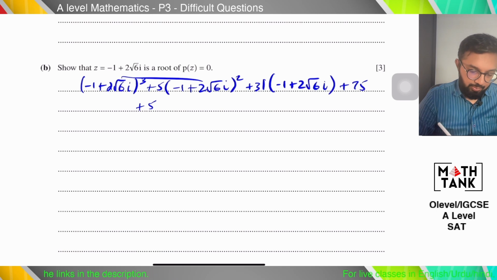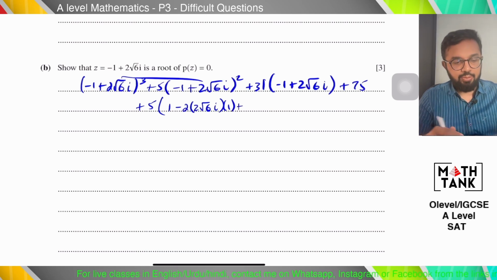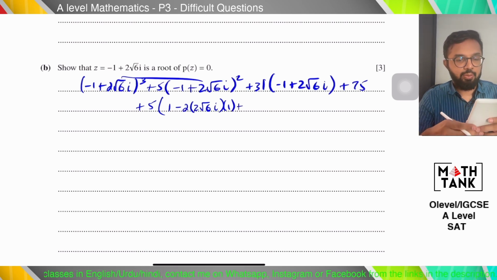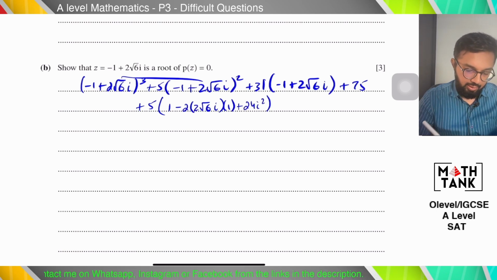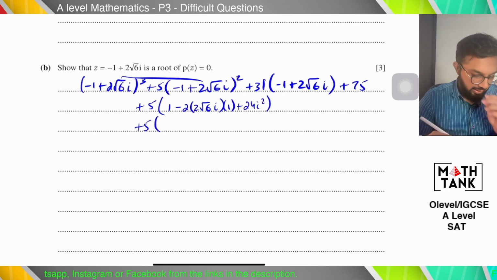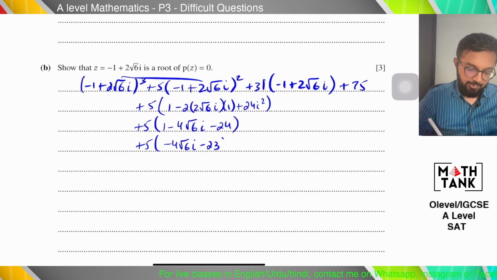Okay, so I'm going to say a square minus 2ab plus b square. So what's the square of 2 root 6? That's 24. So I get 24i square. So plus 5 times 1 minus 4 root 6i minus 24, plus 5 times minus 4 root 6i, minus 23.